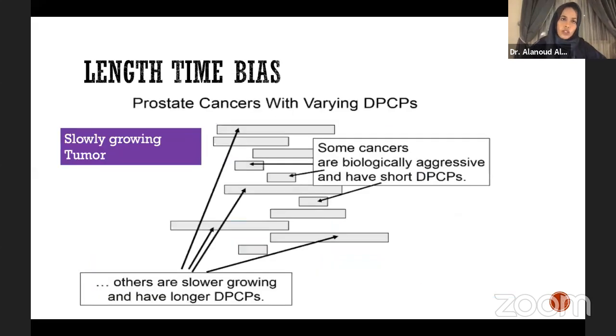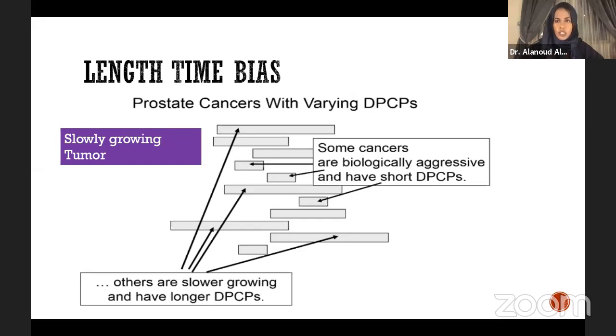And a good example is prostate cancer. So prostate cancer sometimes, or some types of prostate cancer, is really slowly growing. And like this long rectangle here is a slow growing prostate cancer tumor, whereas other cancers are fatal and rapidly progressive, you can't catch them with screening, because we said that in order to have a good screening, we need to have a high prevalence, or at least reasonable prevalence.